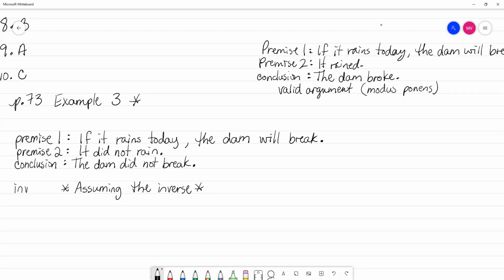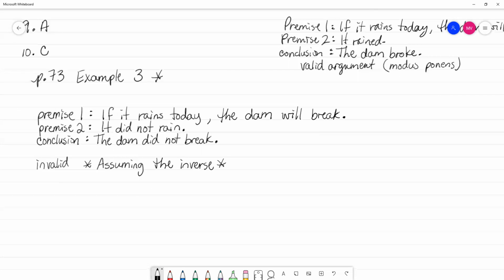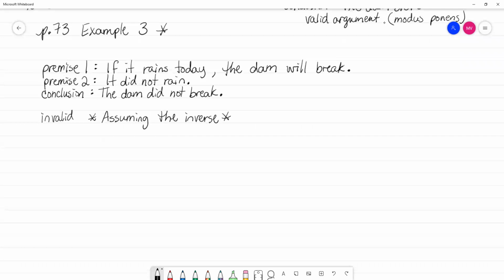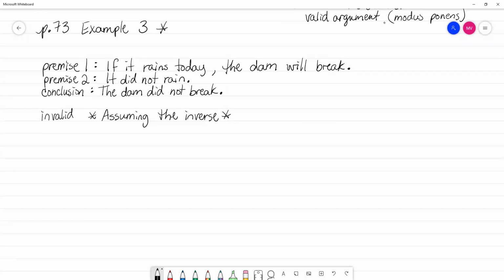So this is invalid because you were assuming that if it didn't rain, the dam won't break, but it only told you that it will break if it rains. It could still break if something else happens. So the only thing you can have a valid conclusion on is that if it rains, the dam will break.